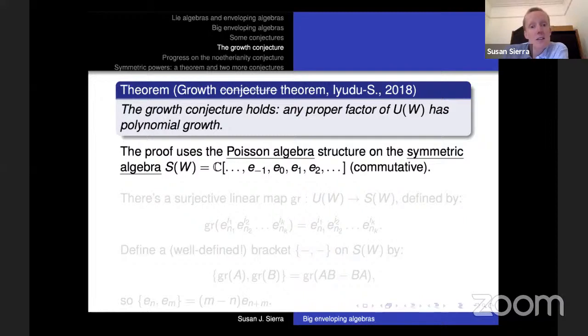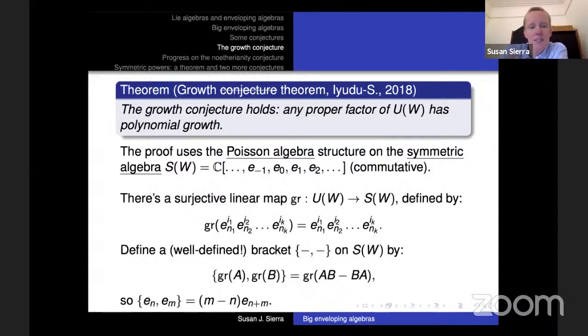And this is not only a commutative ring, it also is something called a Poisson algebra. So what do I mean by that? Well, there's a surjective linear map, which I write gr, from U of W to S of W. It's defined by, let me take gr and apply it to a monomial in the E's, and I'm just going to get back that same monomial, now thought of as an element of this commutative ring.